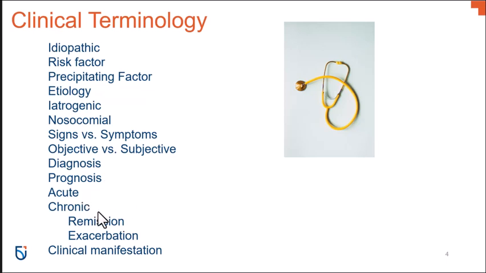Acute versus chronic. Acute is the sudden appearance of signs and or symptoms that typically last only a short period of time. In the best case scenario, when somebody has an acute condition or disease, where there's a sudden appearance of signs and symptoms, usually it will last a short time and then they'll get better.